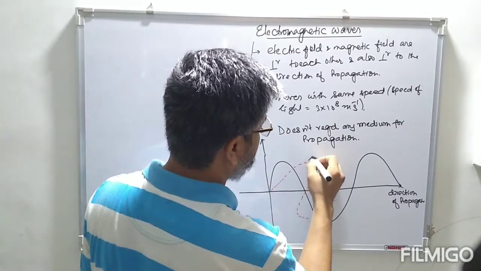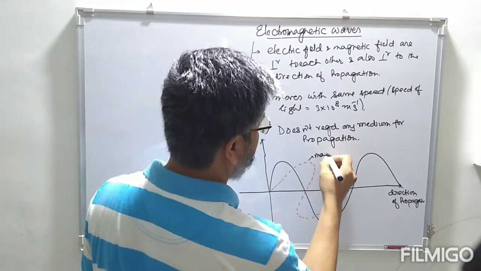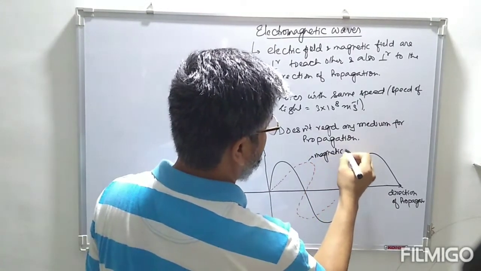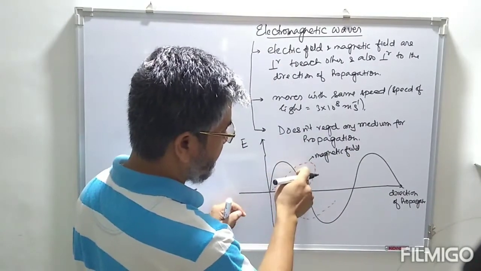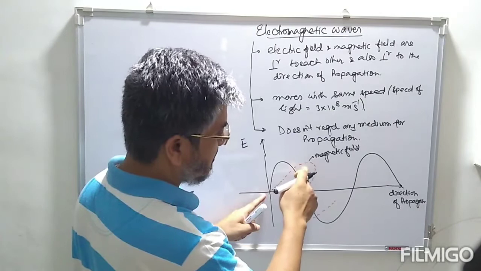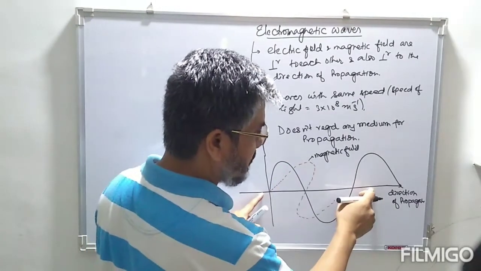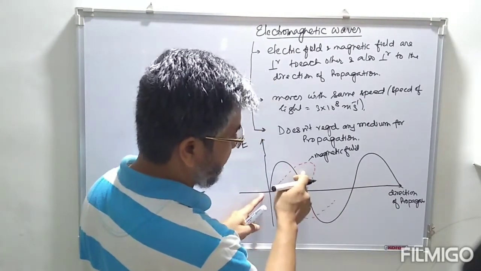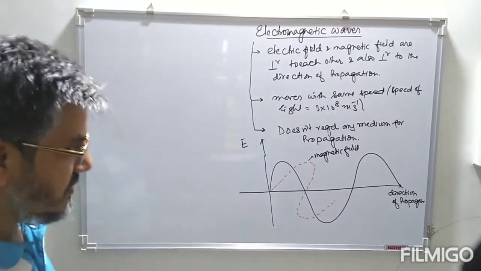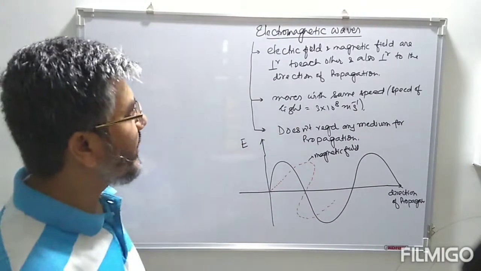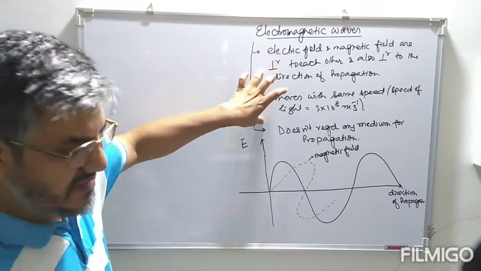The electric field and direction of propagation are perpendicular, and the magnetic field and direction of propagation are also perpendicular to each other. So these are waves with these characteristics.